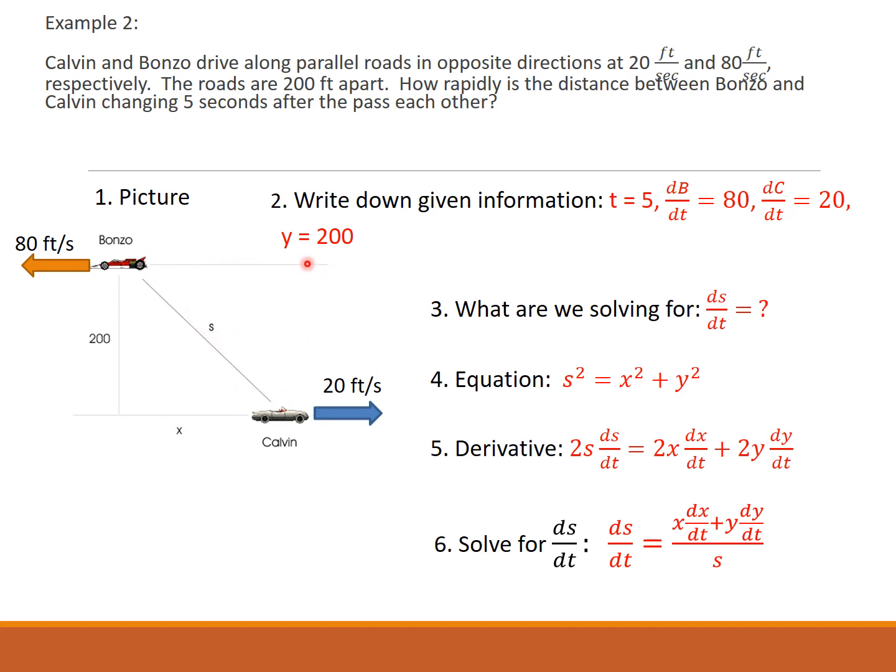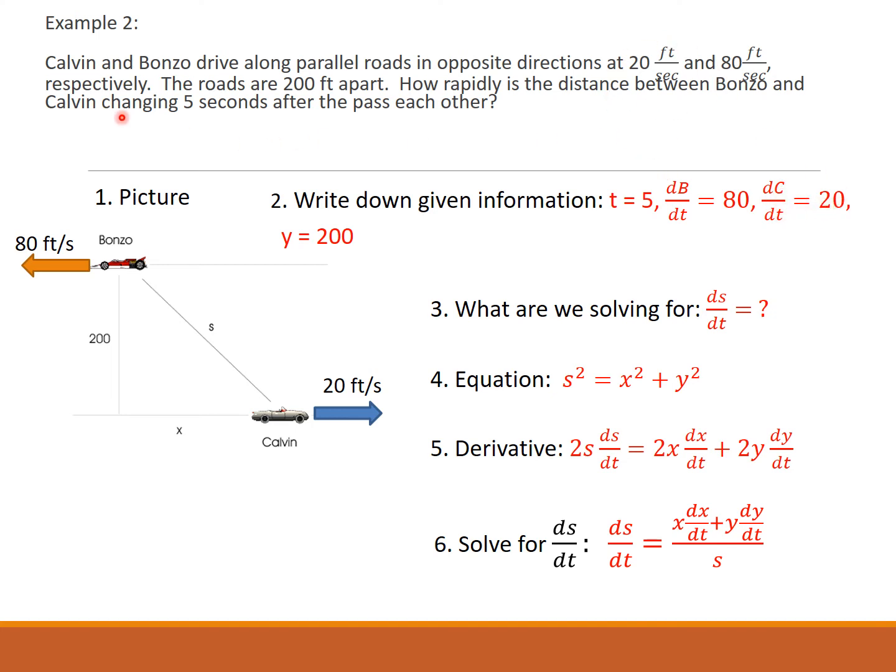So now we want to write down the given information. We sort of did that already. They want it when time is equal to 5 seconds, so t equals 5. And then we want our rates of change for Bonzo and Calvin. So dB/dt is equal to 80 feet per second, and dC/dt is equal to 20.